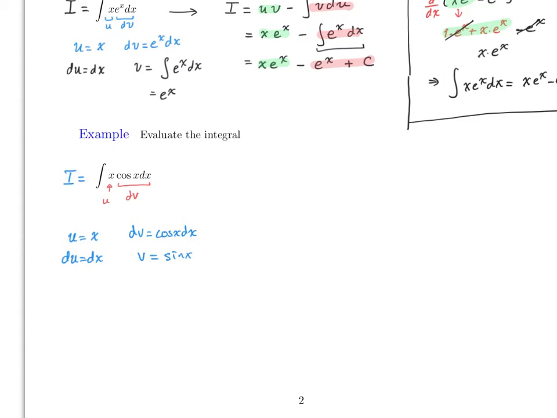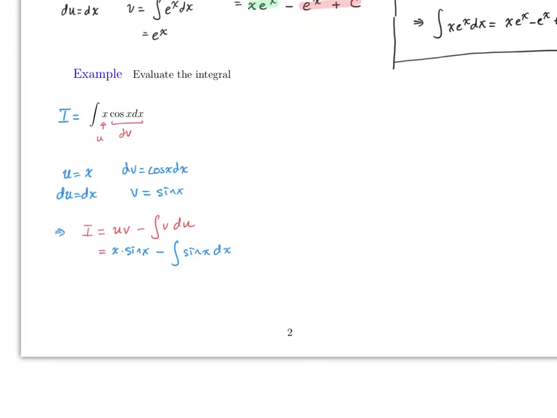So then from here, using the formula, it's going to be uv. You should write this a couple times until you get used to it, minus integral of v du. u is x, v is sine x, minus integral of v du. Okay?